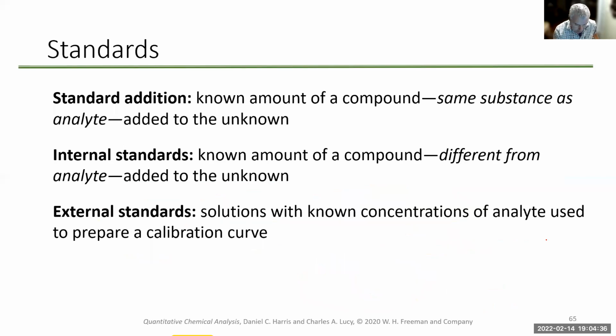So in order to deal with that, what we do is we use internal standards, right? An internal standard is a known amount of a compound that is not present in the sample, standards, or blanks. It's something foreign.